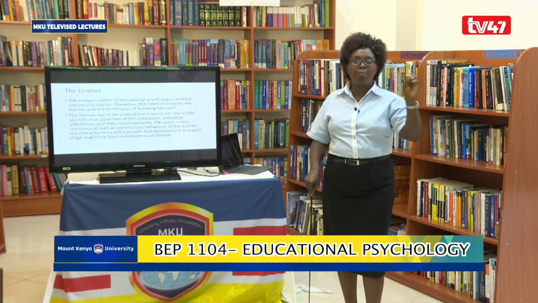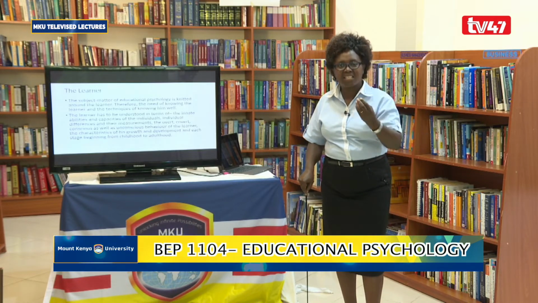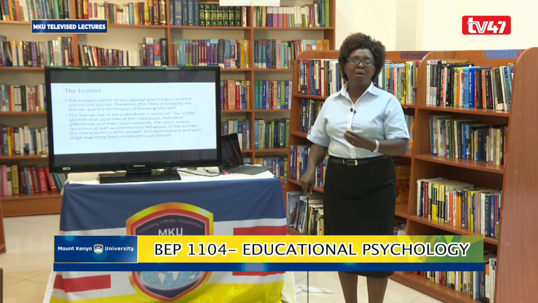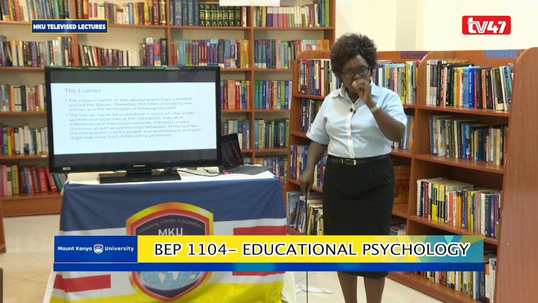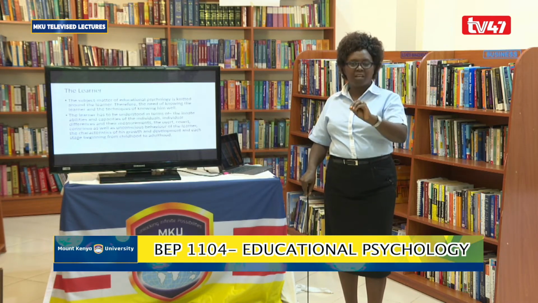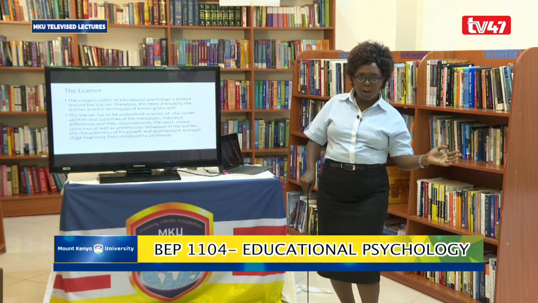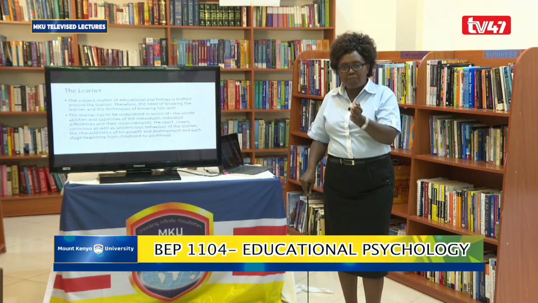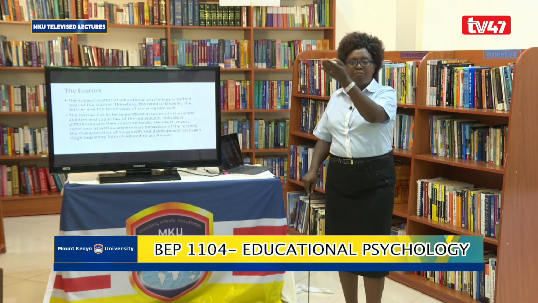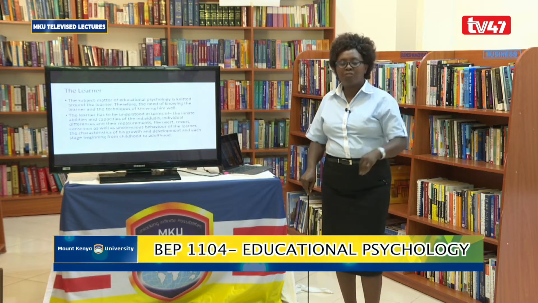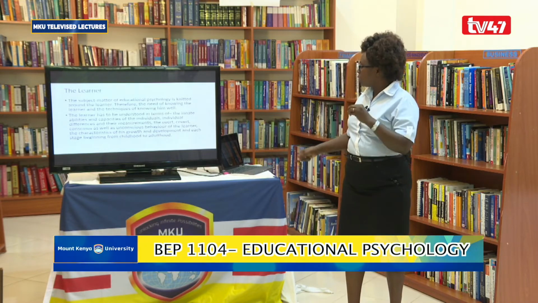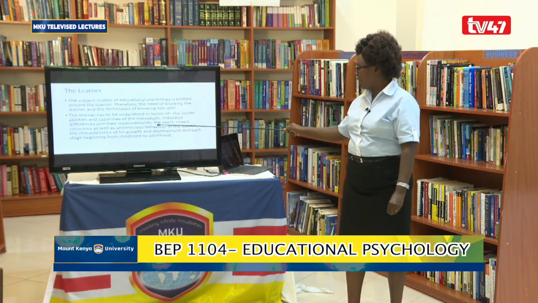Even when you are saying some are bright, some are average, some are below average, we must realize that they cannot all be the same. My role as a teacher is to strive to help those that are below average to become average, and those that are average to become above average, because all of them will eventually contribute to my mean grade. So I also need to understand the capabilities of my learners.